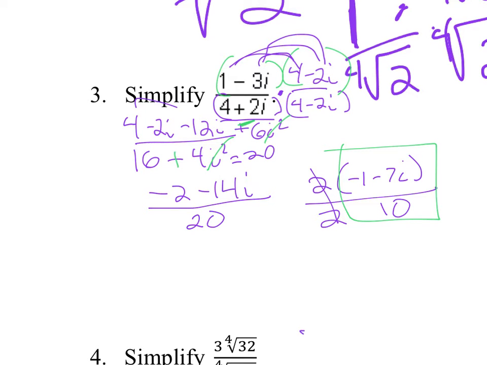Now, if it's a multiple choice, it might give you the answer that way. If it's a free response, I'm totally fine with your answer being minus 1 minus 7i over 10. Put a box around it and you're done. That's fine. But you might have to choose from standard form. And that just means minus 1 over 10 minus 7 over 10i.